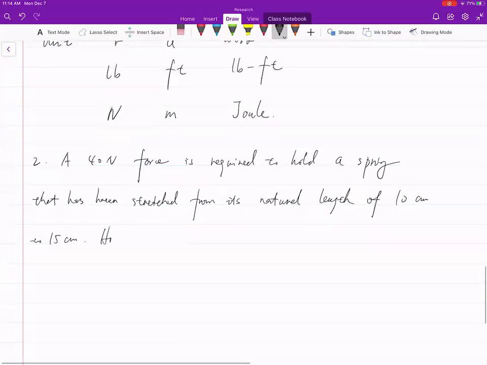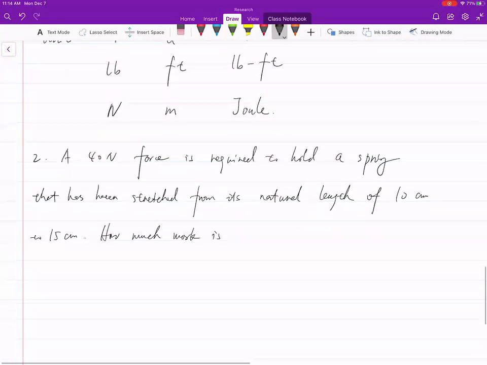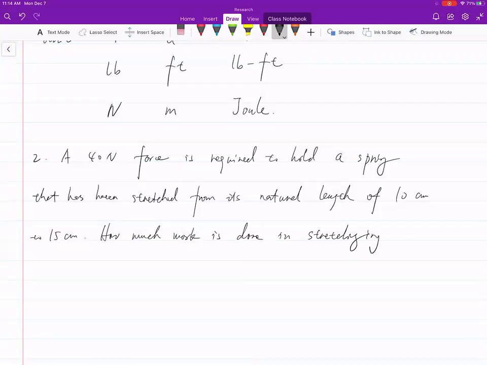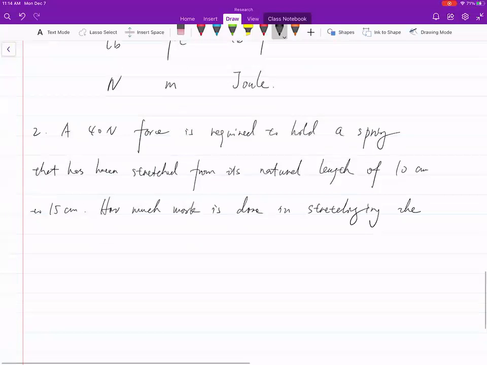Okay, now question, how much work is needed in stretching the spring from 15 to 18?